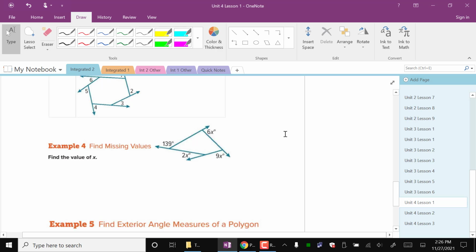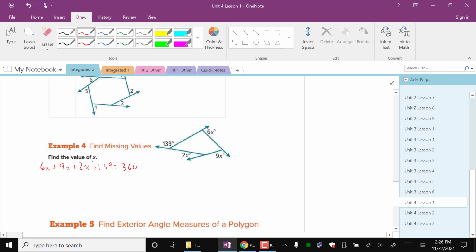So we want to find our missing values. We want to find x. So I'm going to add all my angles up, and that adds up to 360. I'm going to start here and work my way around. So 6x plus 9x plus 2x plus 139 equals, from the theorem, 360.